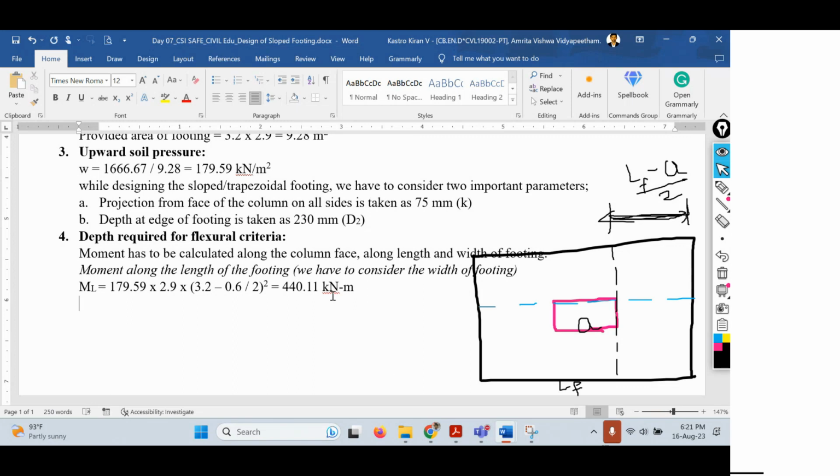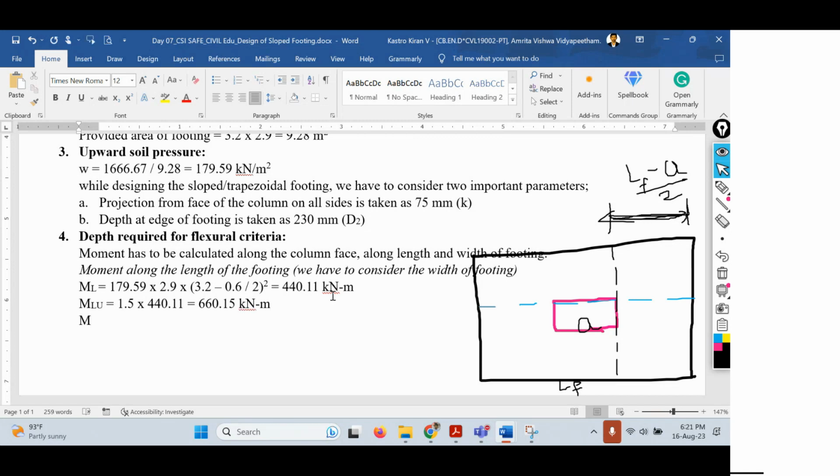But we need to work with the ultimate moment or factored moment, so I will call it MLU. The ultimate moment equals 1.5 times 440.11, so this value will be 660.15 kilonewton meters. So that's the moment along the length.